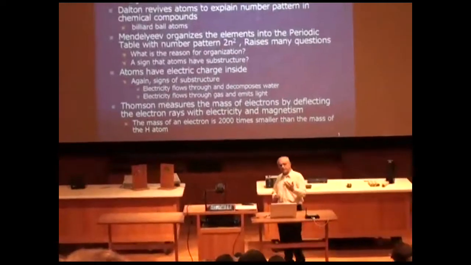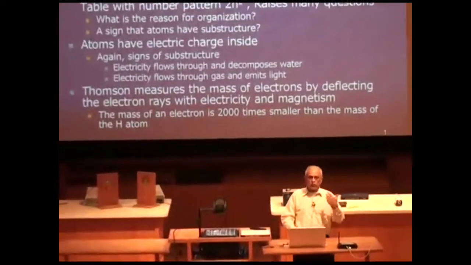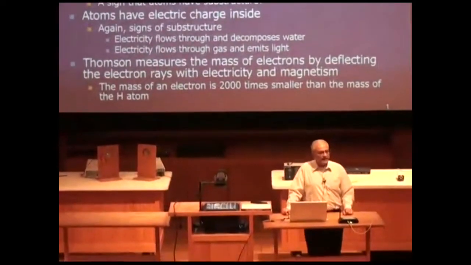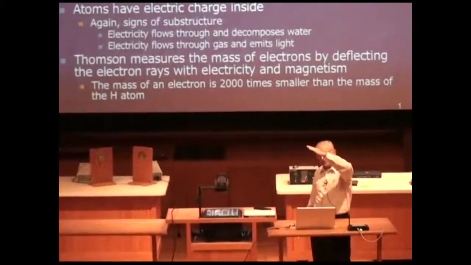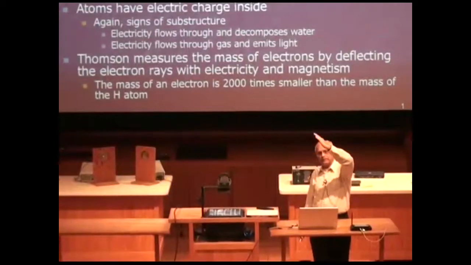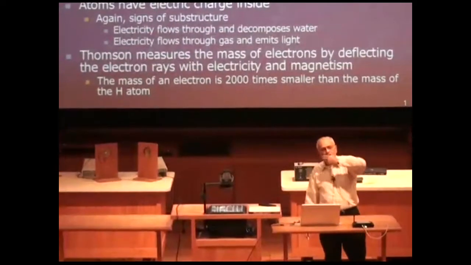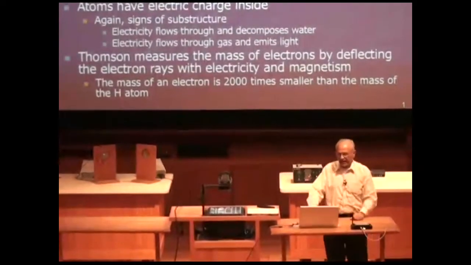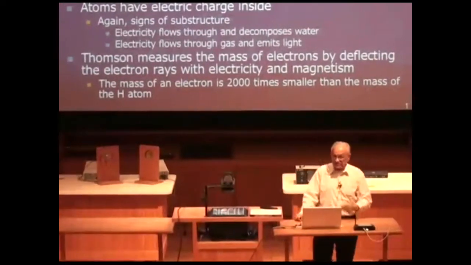And what Thompson did was he measured the atomic weight of electrons. The way he did that was he deflected the rays of electrons with an electric field, and he brought them back with a magnetic field. I won't go into the details of that because that involves quite a bit of advanced physics.